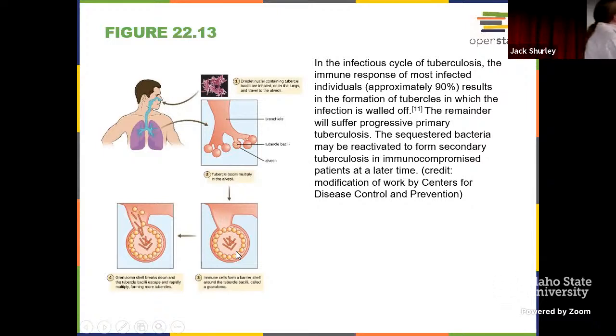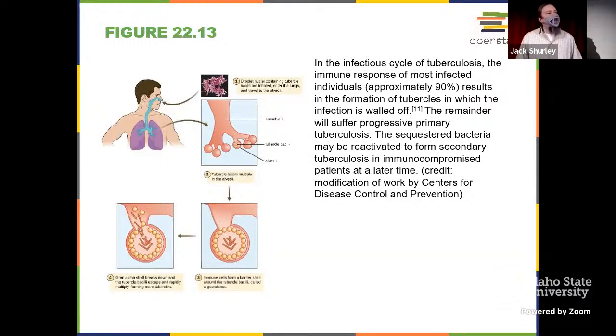We're not showing all of this because some of these guys will take up residence inside of the white blood cells that should be killing them. The macrophages inside of the lungs, we call those guys alveolar macrophages. They recognize the bacteria and they engulf it.